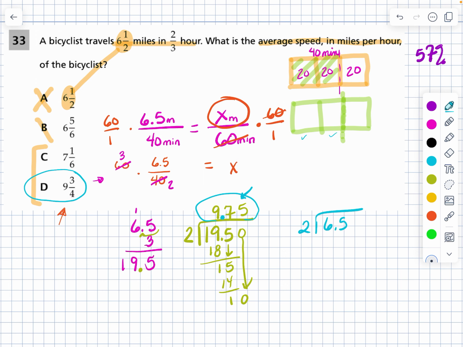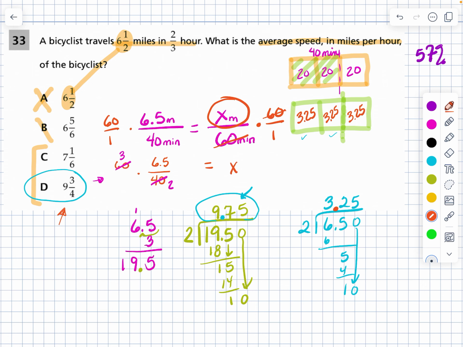So 2 goes into 6 3 times. Left with 5. 2 times 2 is 4. Left with 1. And 2 times 5 is 10. And I should have brought my decimal up, but I didn't. So 3.25. So I know that every 20 minutes, on average, they go 3.25 miles. So this will also be 3.25 miles.